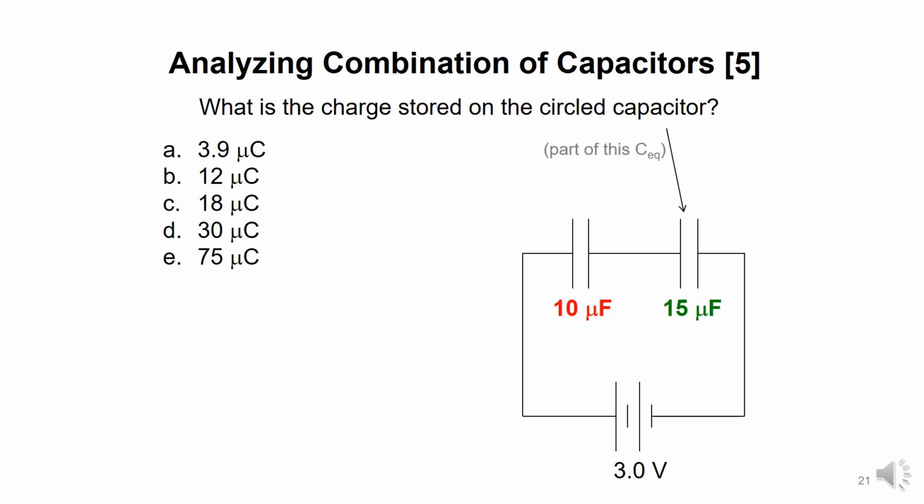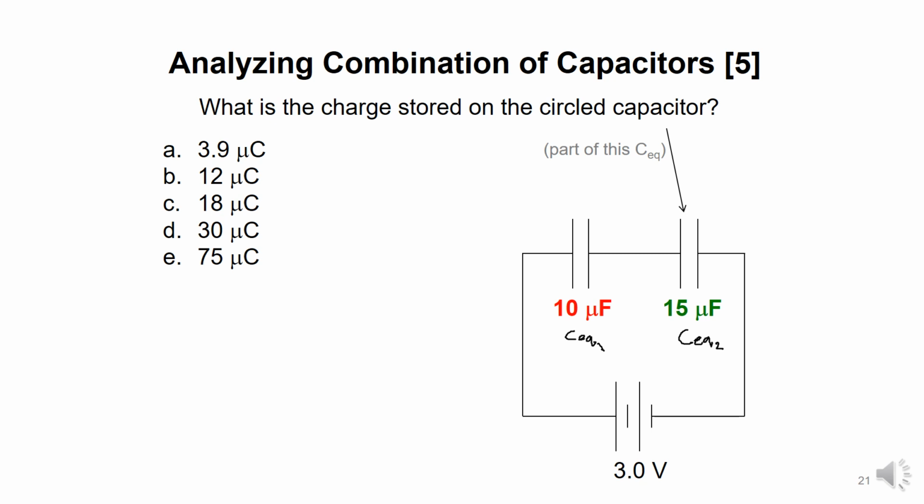All right, so let's go back one step, and we get C equivalent 1 and 2 back. All right, here let's mark them. So we have the 10 microfarad and the 15 microfarad that we had previously. So this is what we call C equivalent 1 and C equivalent 2.